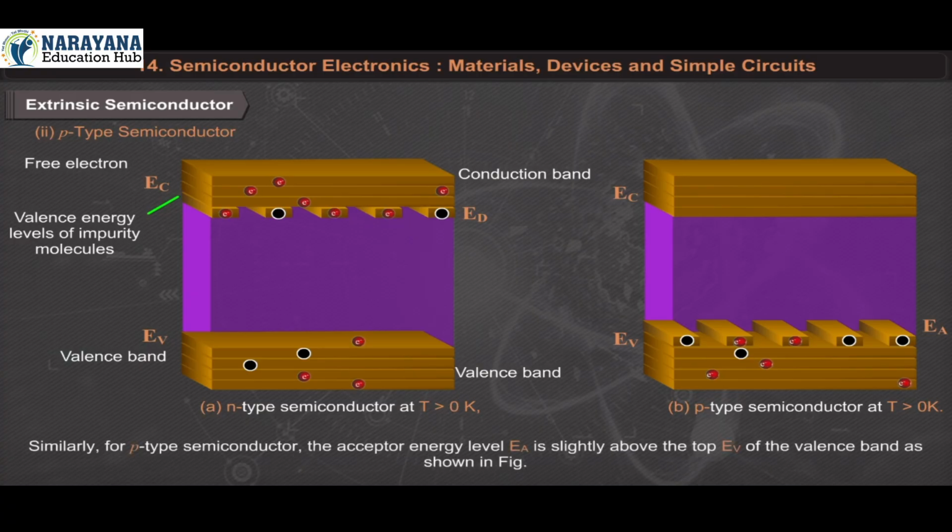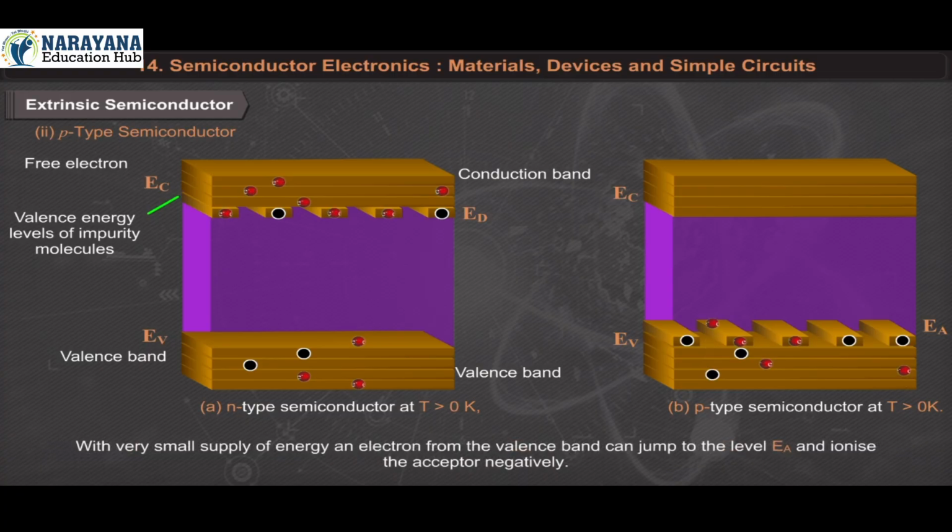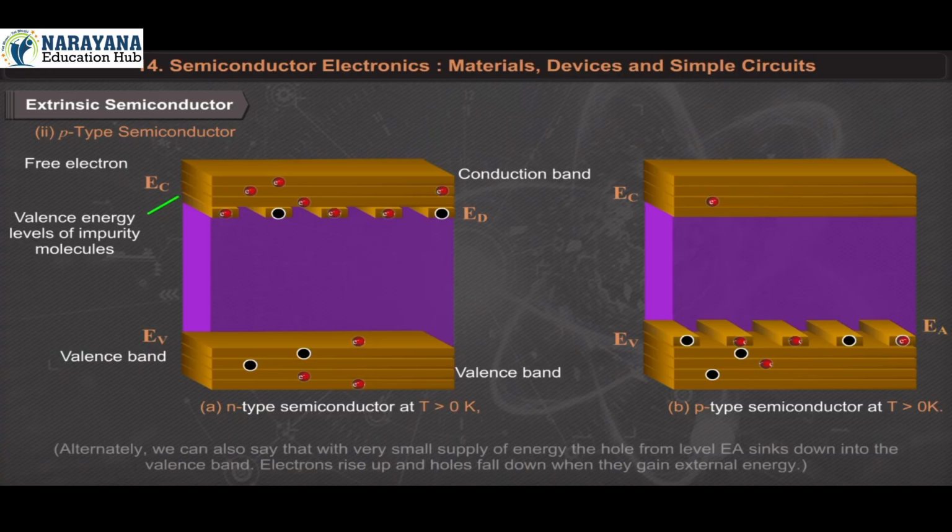Similarly, for p-type semiconductor, the acceptor energy level EA is slightly above the top EV of the valence band as shown in figure. With very small supply of energy, an electron from the valence band can jump to the level EA and ionize the acceptor negatively. Alternately, we can also say that with very small supply of energy, the hole from level EA sinks down into the valence band.